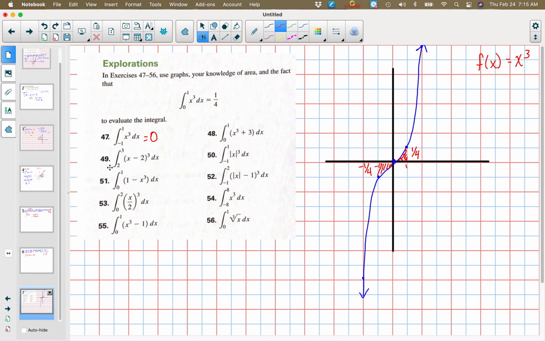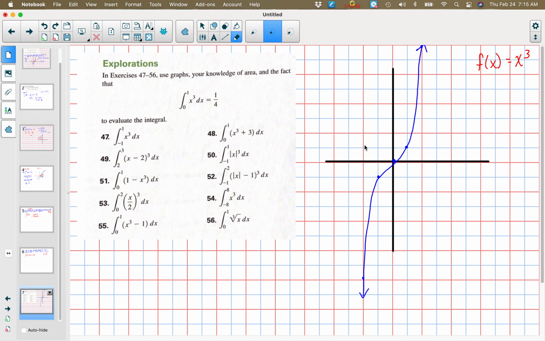Then on number 48, let me erase parts of this. Actually, I want to keep my function curve.